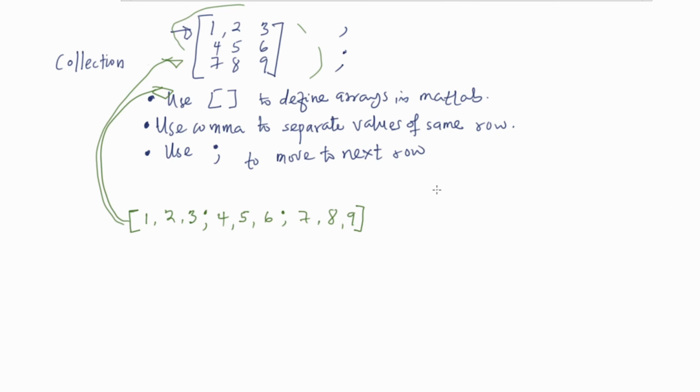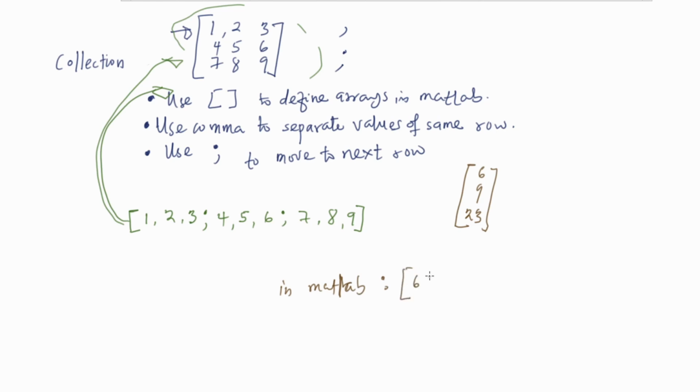Now, let me just give another example. Let's say I want to represent a column vector of values 6, 9, 23, right? You realize that the values inside this are all on different rows. So if I want to write this in MATLAB, I'll write my square brackets, of course.